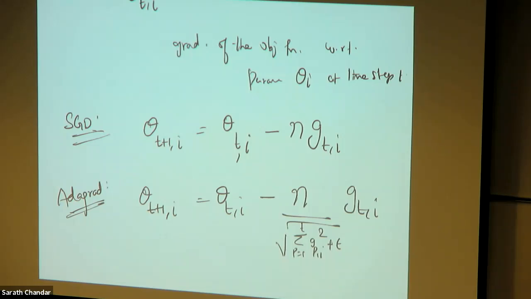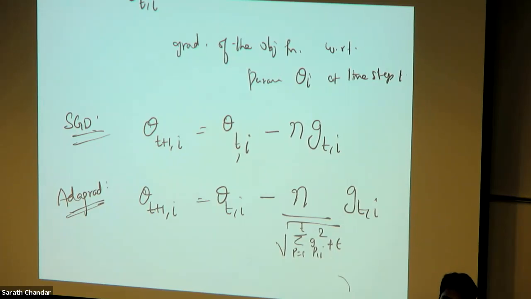So what am I doing here? I'm dividing the learning rate for this particular ith parameter by the square root of the sum of squares of the gradient. Since I do squares and then square root, on an average this is the root mean square of the gradient.